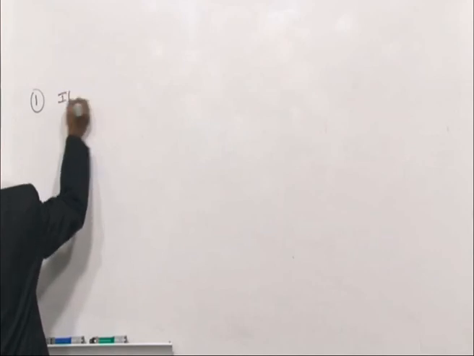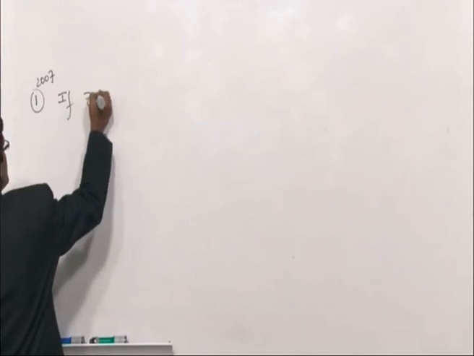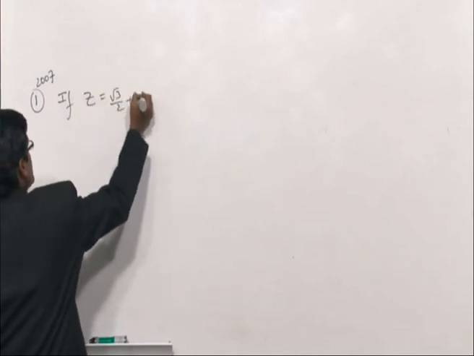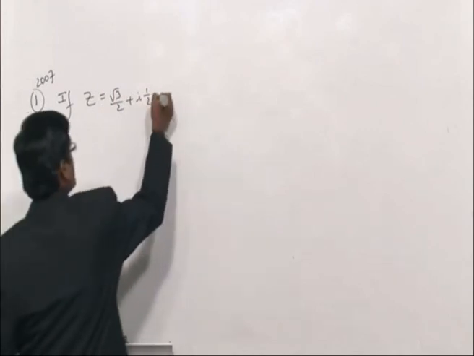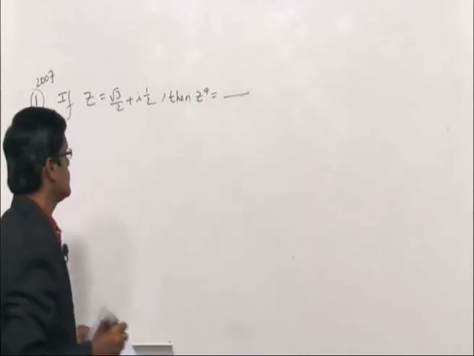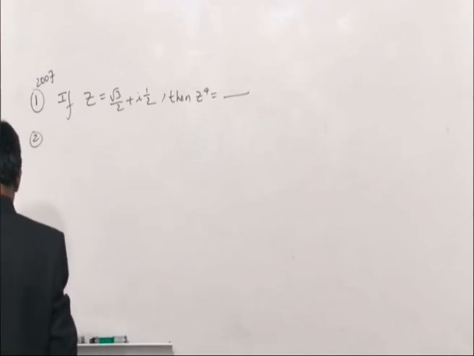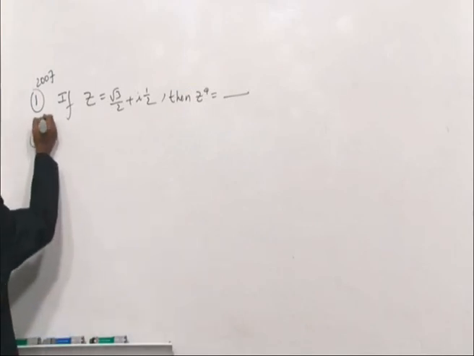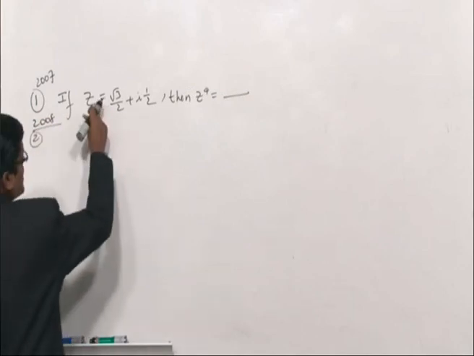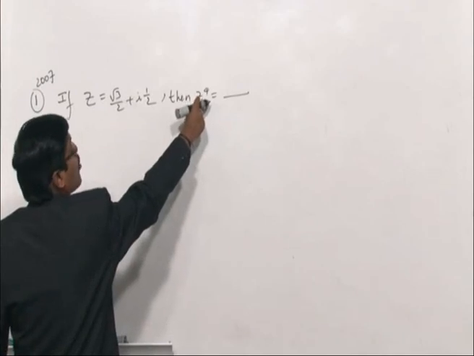This is given in 2007, 2 marks: z is equal to root 3 by 2 plus i times 1 over 2, then z power 4 is equal to? Okay. Second question, 2008. I am giving a hint for this problem: express in terms of r comma theta, then apply cos theta plus i sin theta whole power n.